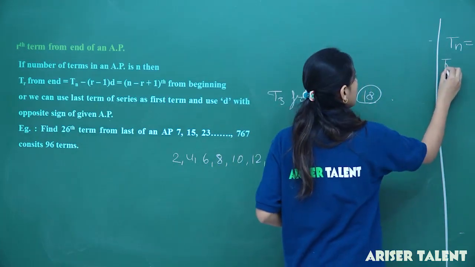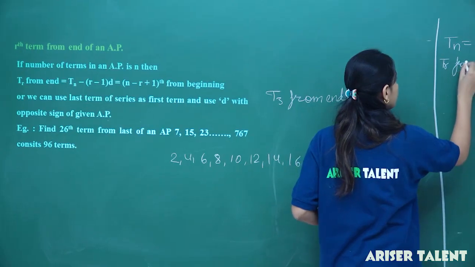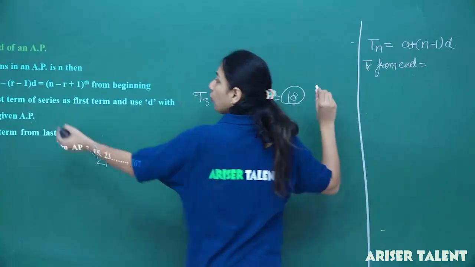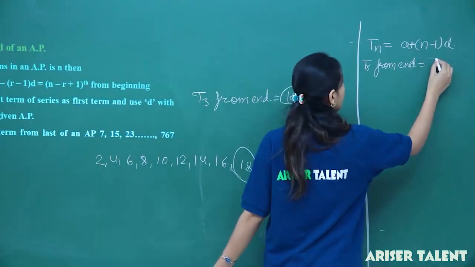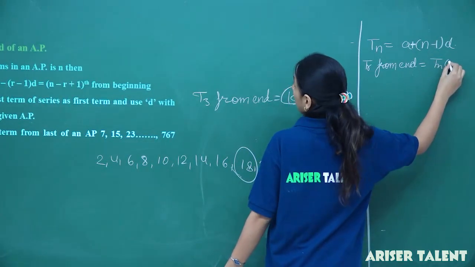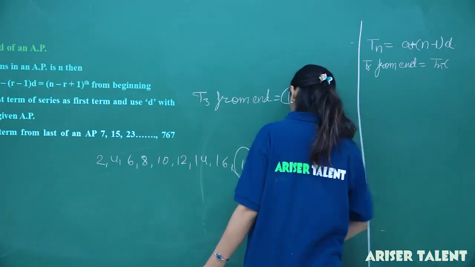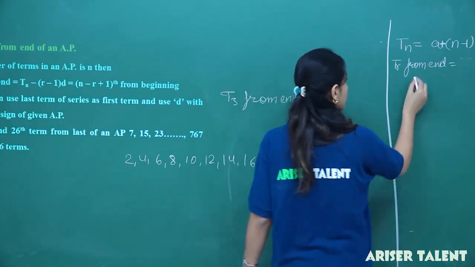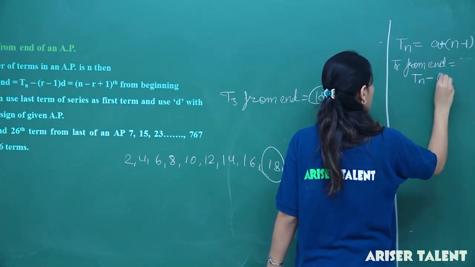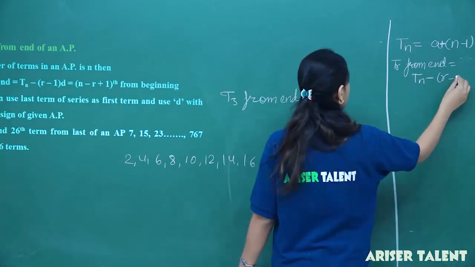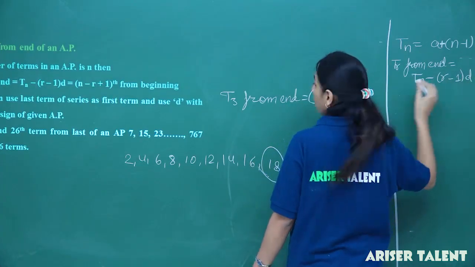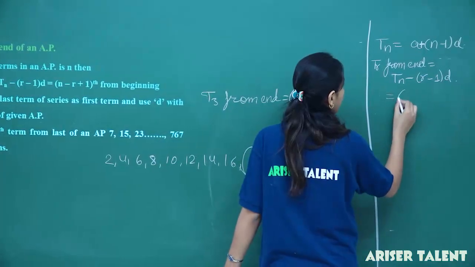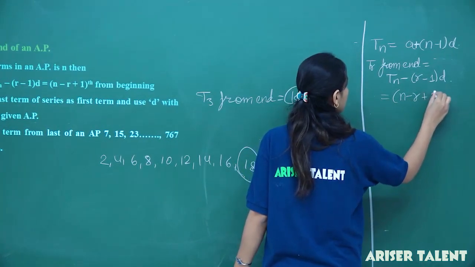The rth term from the end can be found by two formulas. First, Tn minus (r minus 1)d. This is the first formula, and it can also be written as the (n minus r plus 1)th term.